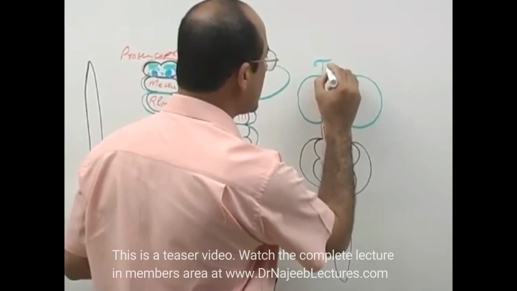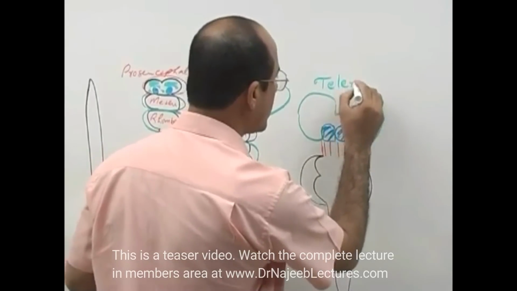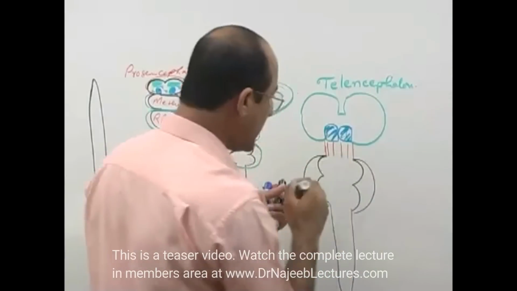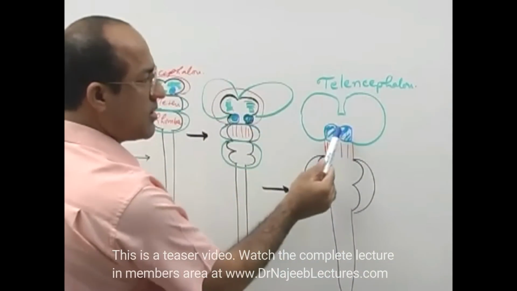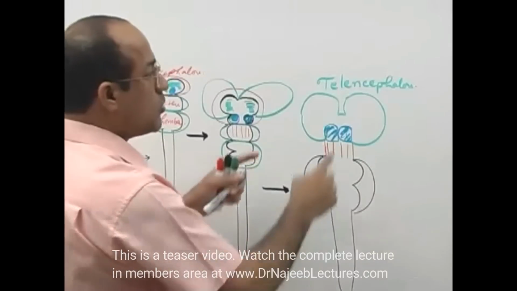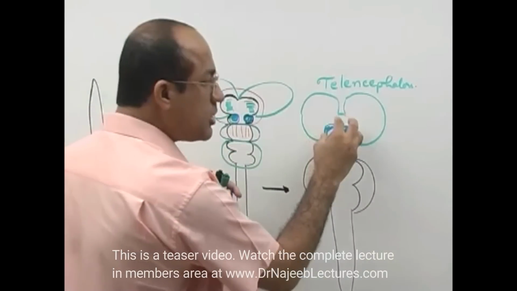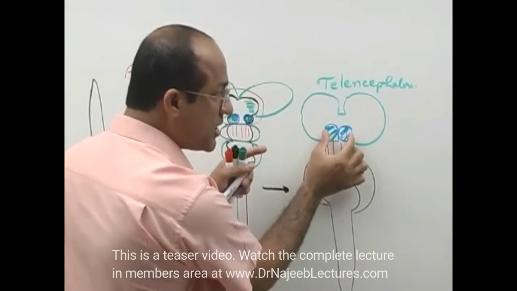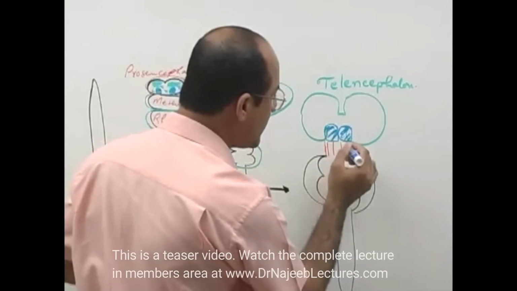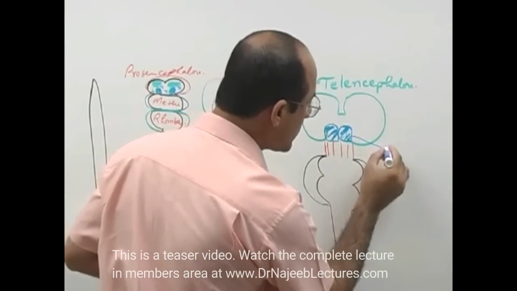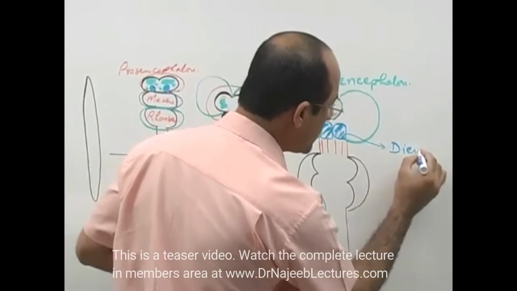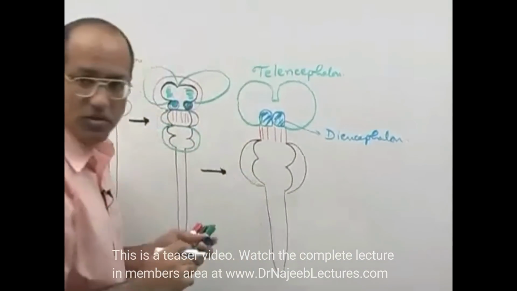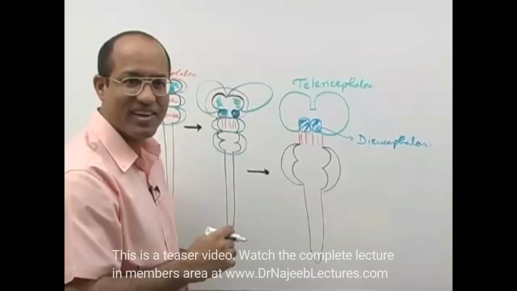So this green outer part is the telencephalon. And this part of the central nervous system, which is present deep within the telencephalon, covered by it, deep in the median, is called the diencephalon. Okay, someone is remembering Lady Diana? Why?